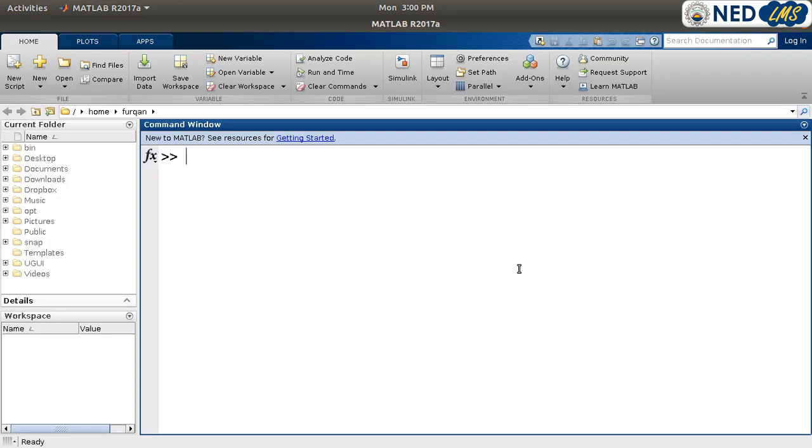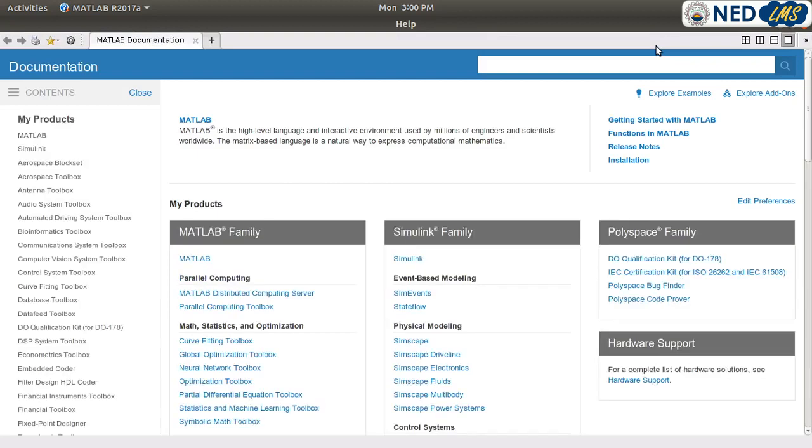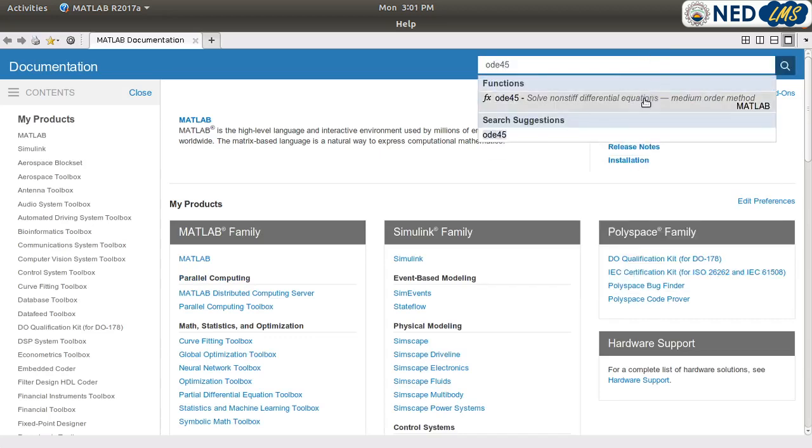I'm just using ODE45, which has pretty good accuracy for solving the differential equation in our case. Let's go into the help section of MATLAB to see what the inputs and outputs of this ODE45 function are.